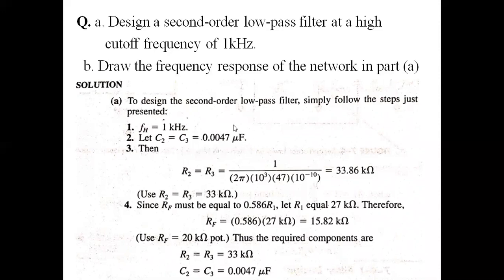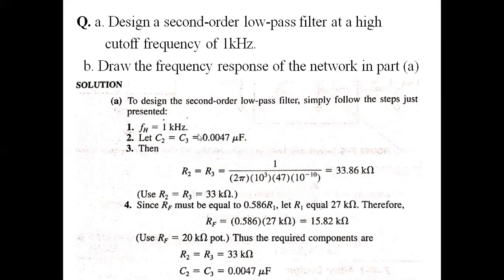If they have mentioned values in the problem, you can choose those values only. Otherwise, you can design with suitable values according to the design procedure. As I said, whenever we are designing the second order filter, for simplification we consider equal capacitor values, that is C2 equals C3 equals C, so we let C2 and C3 equal 0.0047 microfarad.